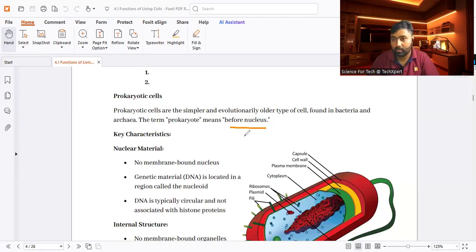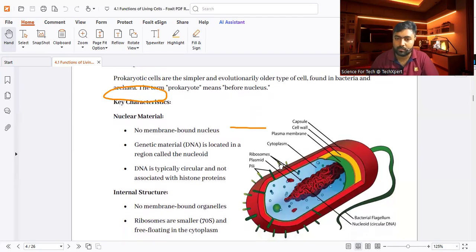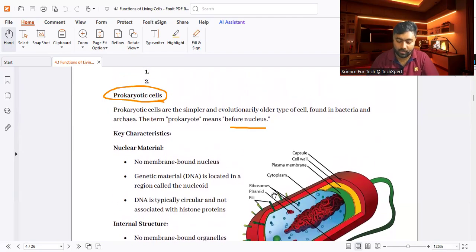That means in prokaryotic cells you cannot see any nucleus. That is the main difference between prokaryotic and eukaryotic cells. In eukaryotic cells you can see a nucleus, but in prokaryotic cells you cannot.